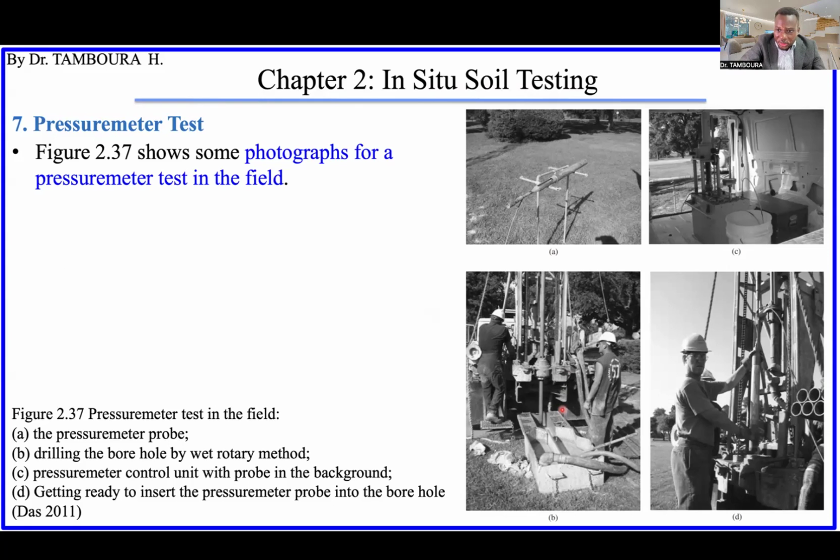I think we have seen this method before, I explained it earlier. The pressuremeter control is here, and now they are getting ready to insert the pressuremeter into the borehole. Just the measuring equipment. You can see the connection here, this cable connecting. Same here, connecting the rods.